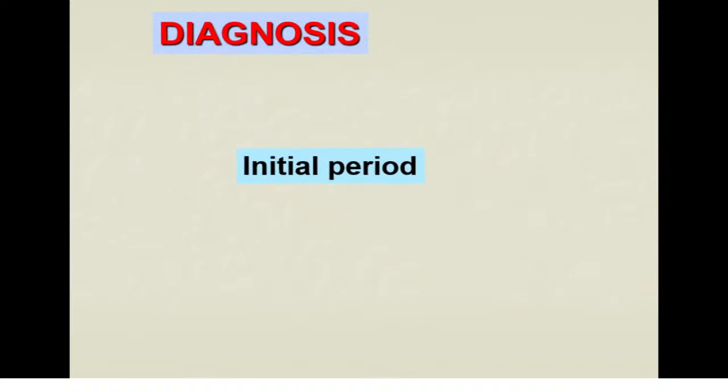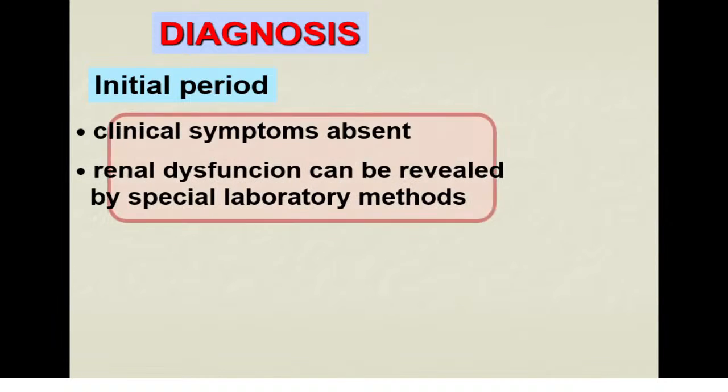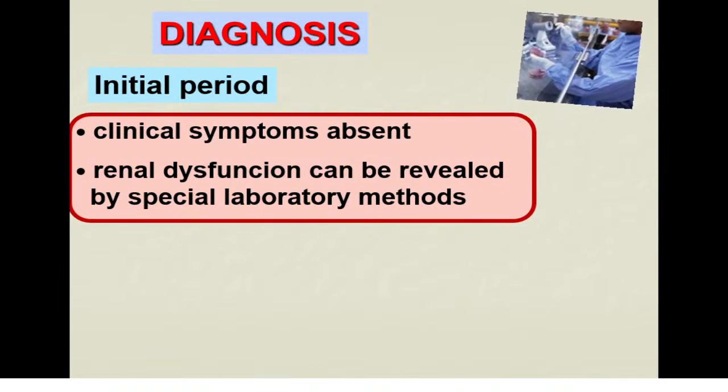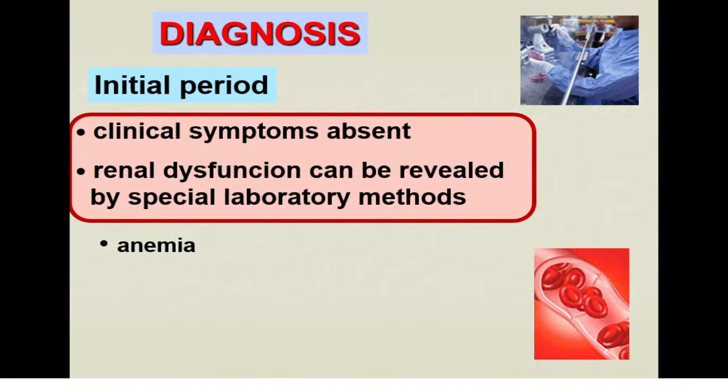Diagnosis of renal failure will be based on the disordered functional activity of the kidney. Initial period, no clinical symptoms, but the doctor periodically sends the patient for specific examination to reveal progression of the disease at an early stage.